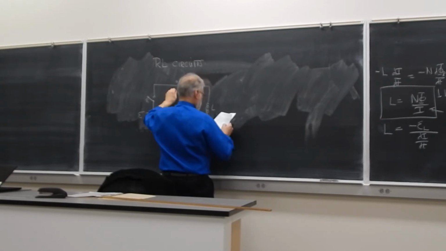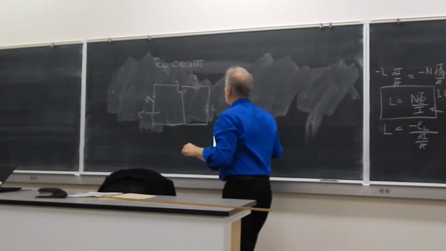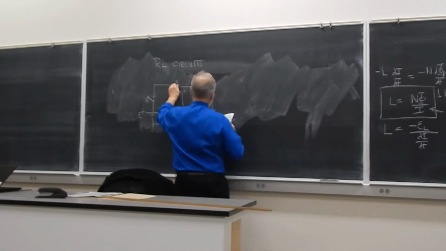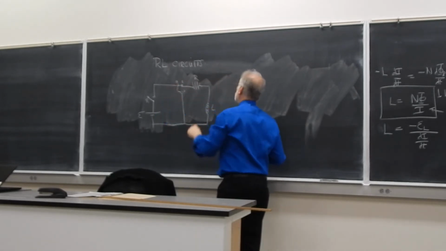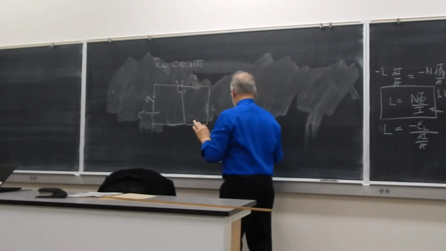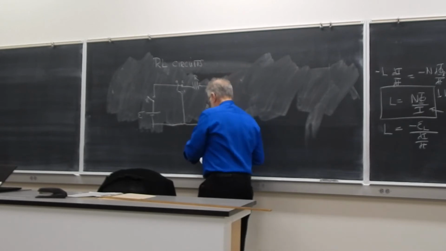And what I'm not going to do, at least for now, is let both of these switches at the same time be open. So this is what we're going to do.